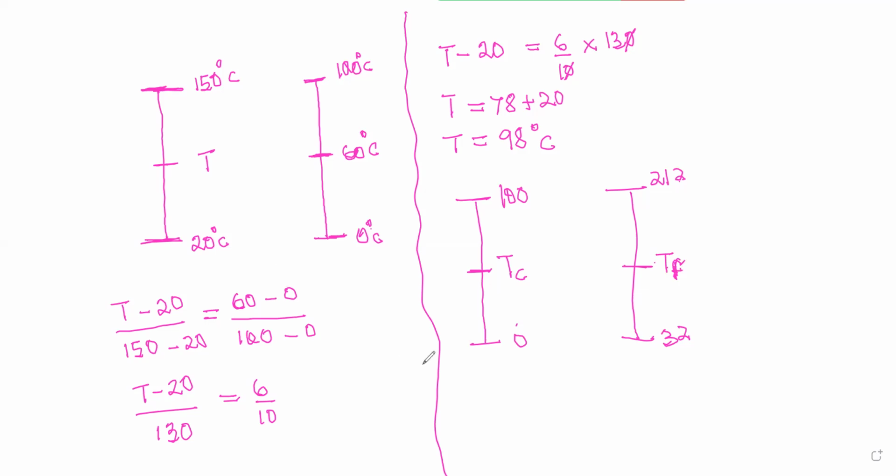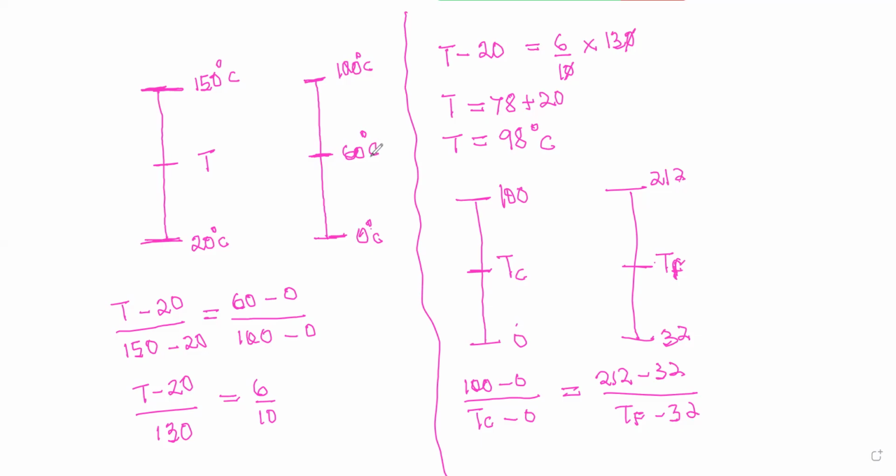And we saw that for any two scales, upper fixed point minus lower fixed point divided by the unknown temperature TC minus the lower fixed point must be equal to 212 minus 32 on TF minus 32. So we are basically using the same method we used to derive the connection between two temperature scales.